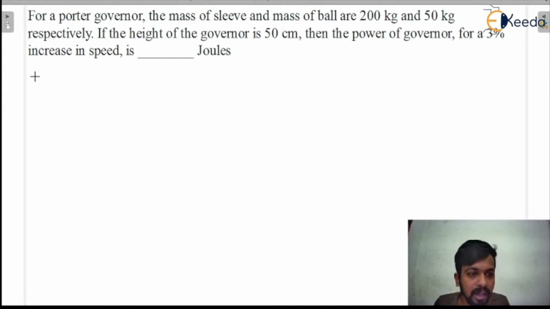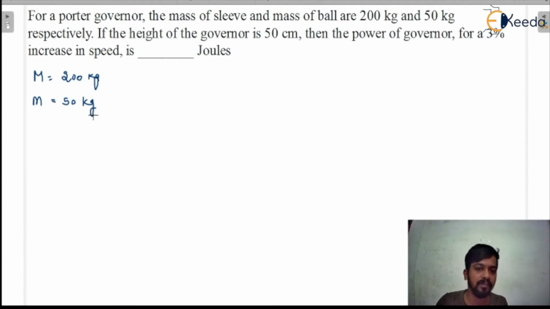So I'm writing here the given data: capital M, the mass of the sleeve, is 200 kilogram, and the mass of the ball is 50 kilogram. If the height of the governor is 50 centimeter, then find the power of the governor for the 3% increase in the speed. What is it saying? 3% increase in the speed.